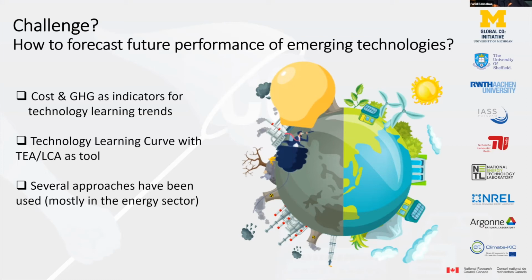Here, we will use mostly two indicators: cost, mostly capital and operation cost, and GHG emissions. Another challenge is how we can integrate these technology learning curve methodologies or tools into current TLCA.